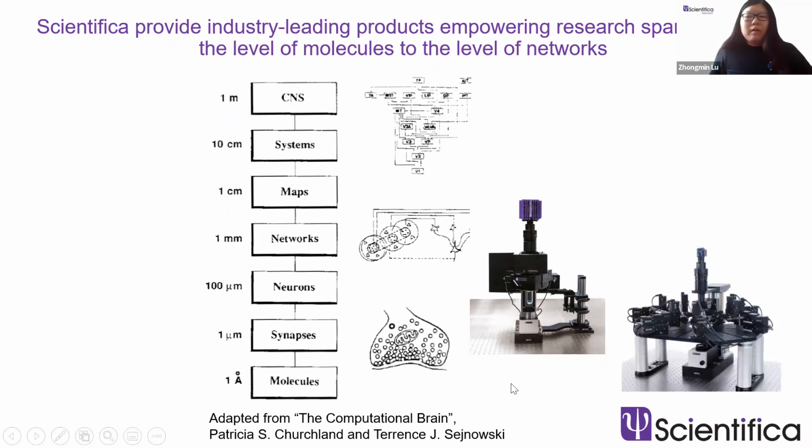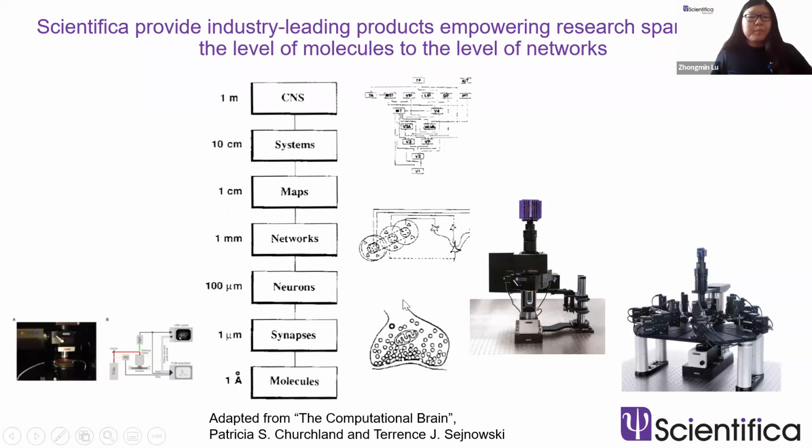And we also have a really industry-leading patch clamp phase recording system, which will allow you to study the small local network, and also to discover and explore the molecular properties and machineries governing, for example, action potential firing in neurons or in other types of cells.